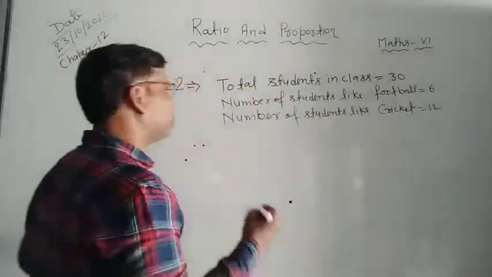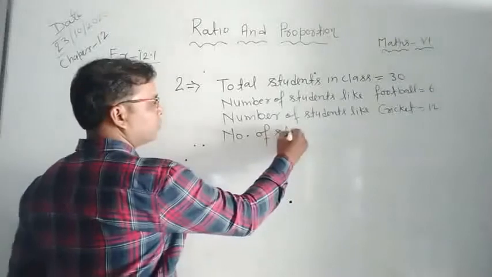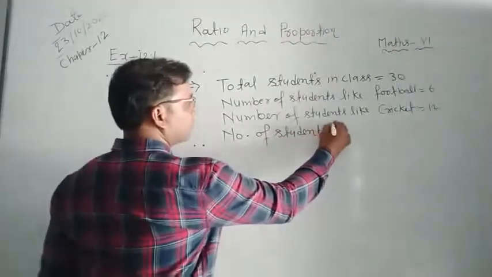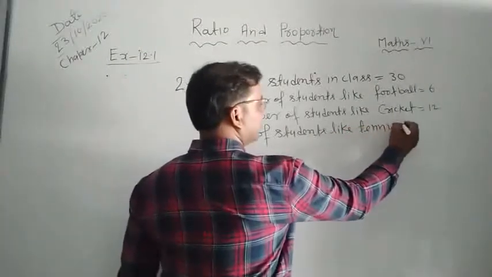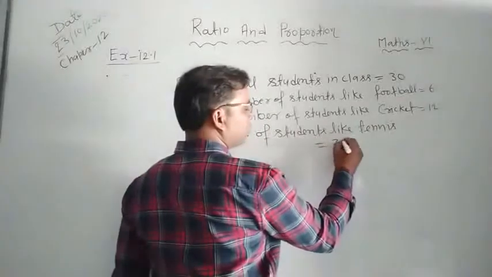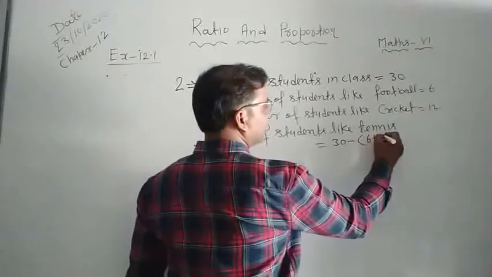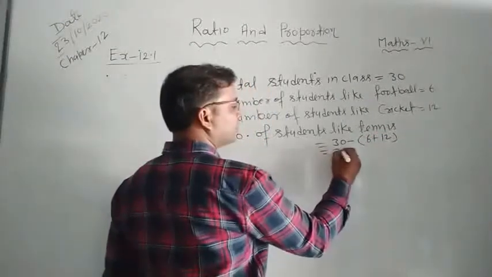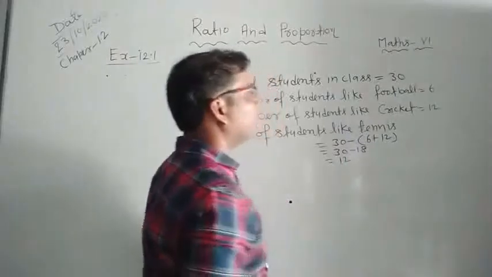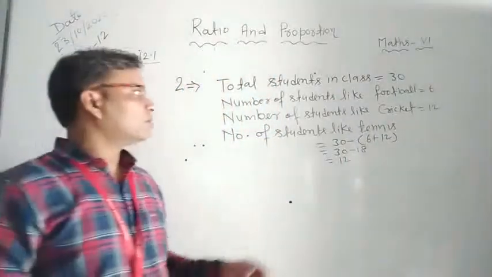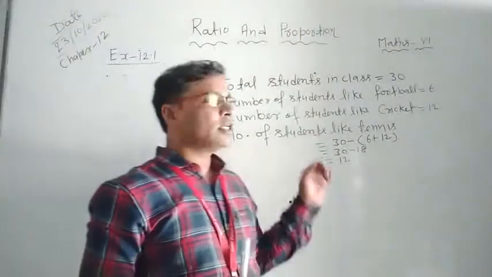So number of students who like tennis is equal to total students minus the sum of students who like football plus students who like cricket. So you can see 30 minus 18, this is equal to 12. 12 students like tennis. So 6 students like football, 12 students like cricket, and 12 students like tennis.